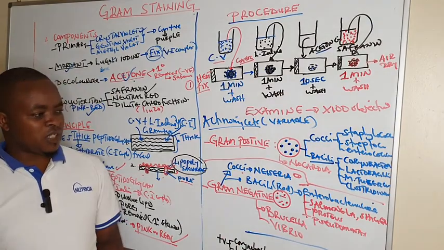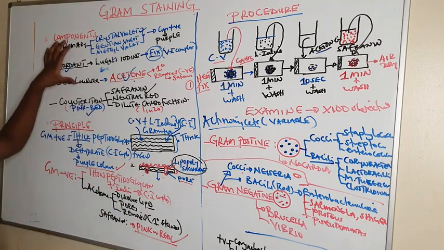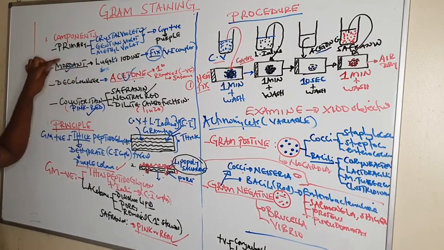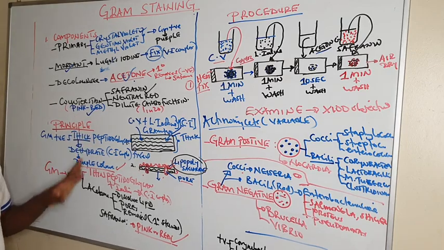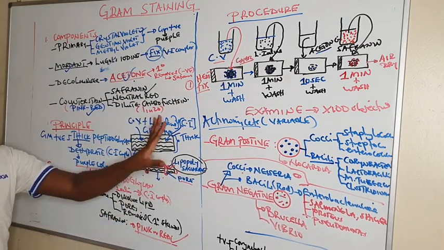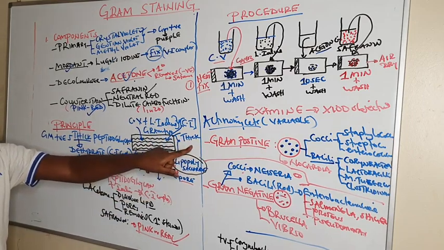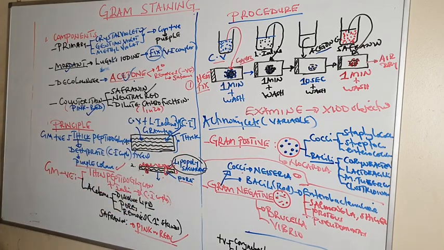So this is what we wanted to discuss with you in this session, where we have looked at the components of the gram stain, that is the primary stain, the mordant, the decolorizer, and the counter stain. We have looked at the principle, whereby it is due to the cell wall, where gram-positive have a thick, whereas gram-negative have a thin peptidoglycan layer.